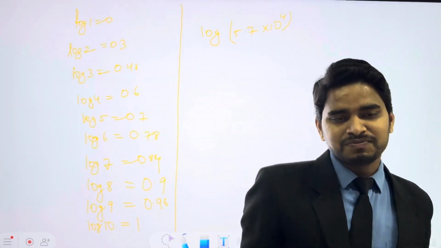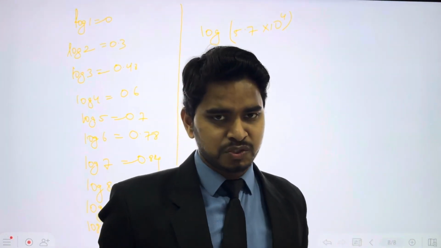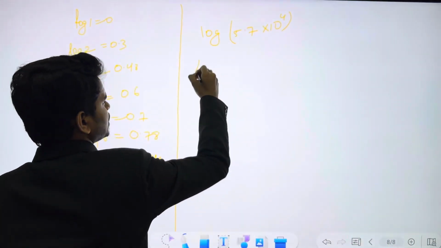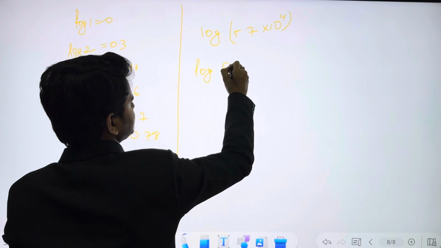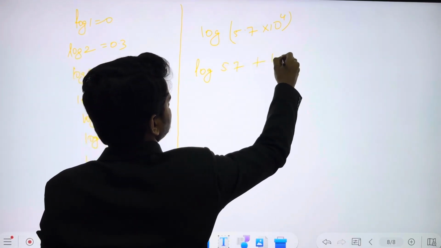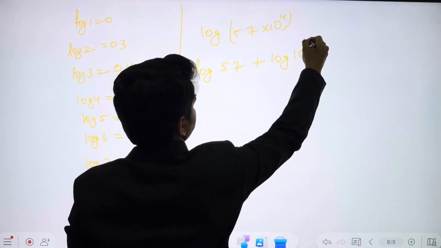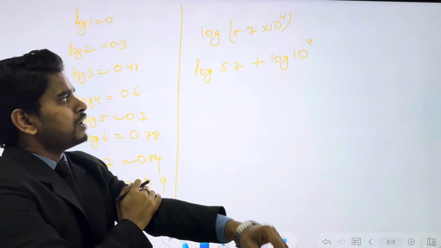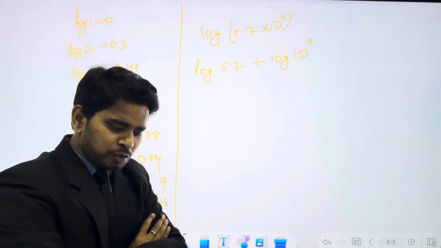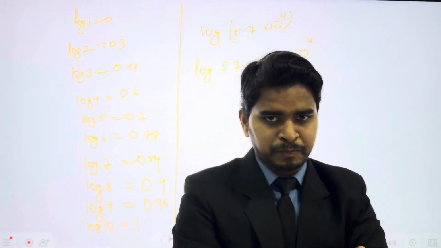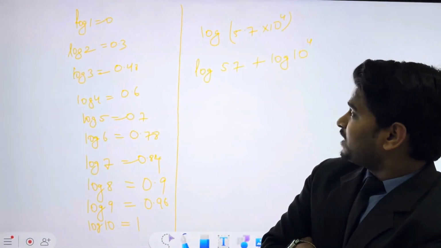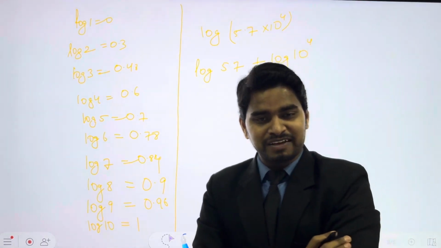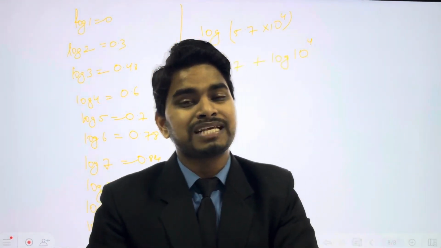How exactly will we do it? We have two things in multiplication. So we will write this as log 5.7 plus log 10 to the power 4. We know log a into b can be written as log a plus log b. Sir, how do you find the log value of 5.7? We know 5, we know 6. So guys, here comes approximation.